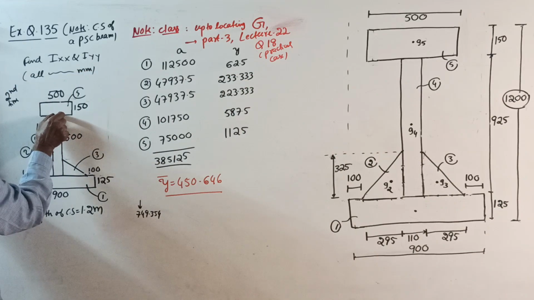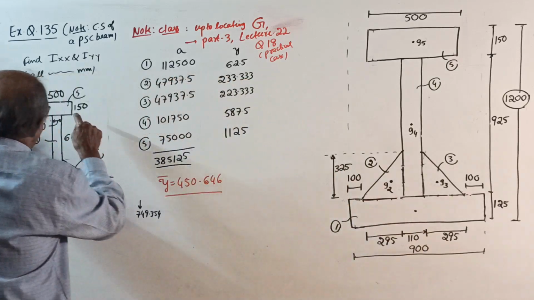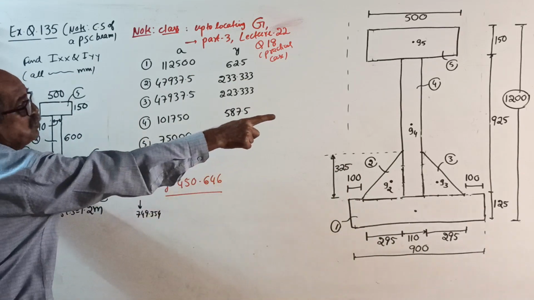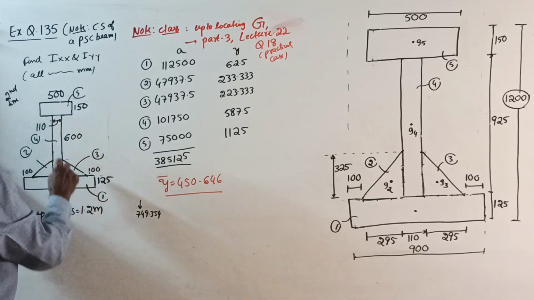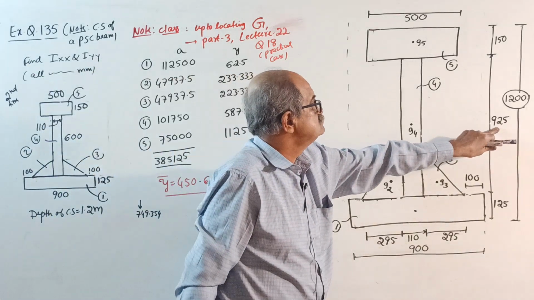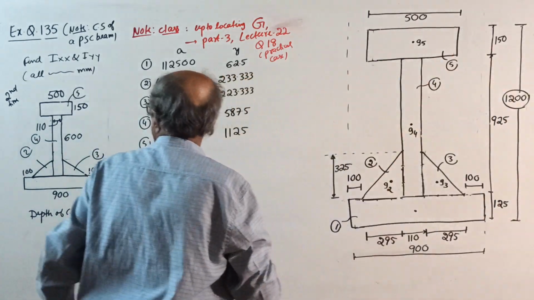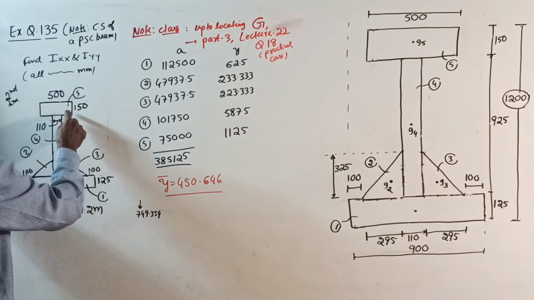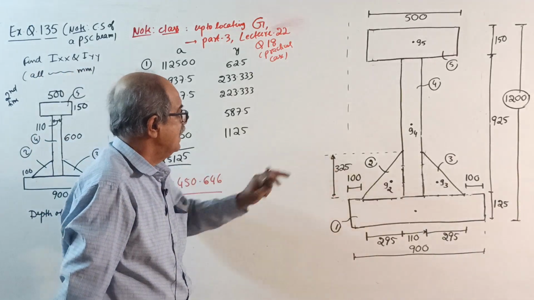The depth from here to here: they told 1200, subtract 150, subtract 125, you will get 925. Then from 925, subtract 600, you get 325, the height of the triangle.